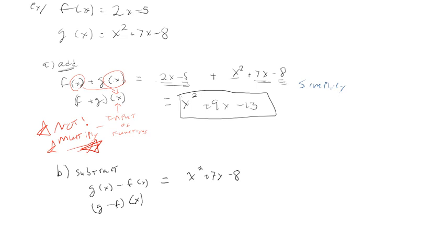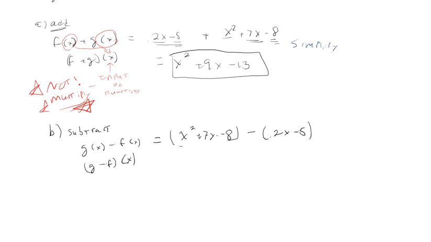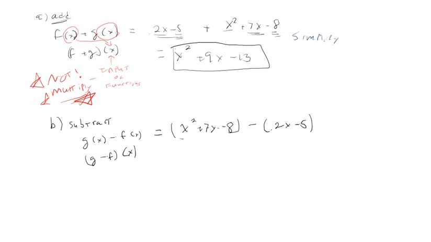And then take that and minus my f of x equation, which was 2x minus 5. Literally just subtracting the two equations from each other.